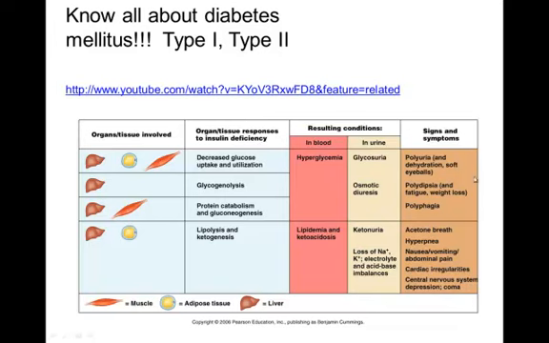So if we follow this chart along, if our liver and our fat cells and our skeletal muscle can't take glucose in and use it, because either we are not making insulin or we are not reacting to our own insulin, that's going to result in elevated blood sugar levels. In other words, hyperglycemia.